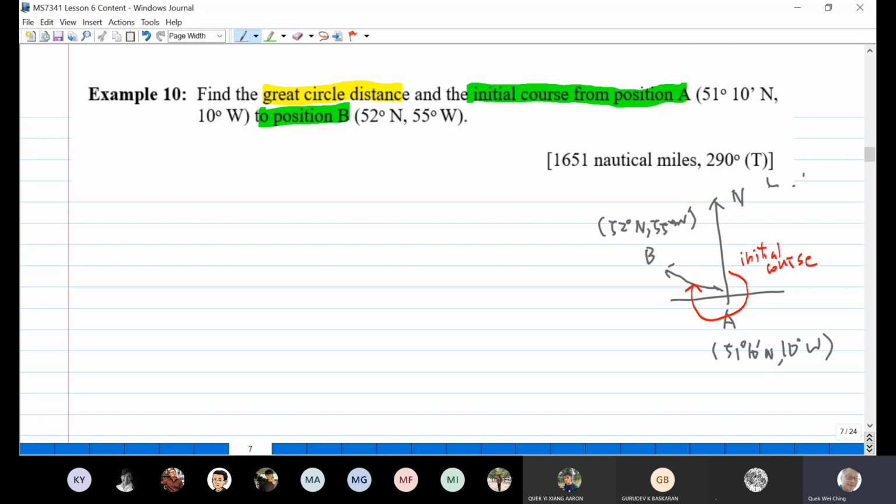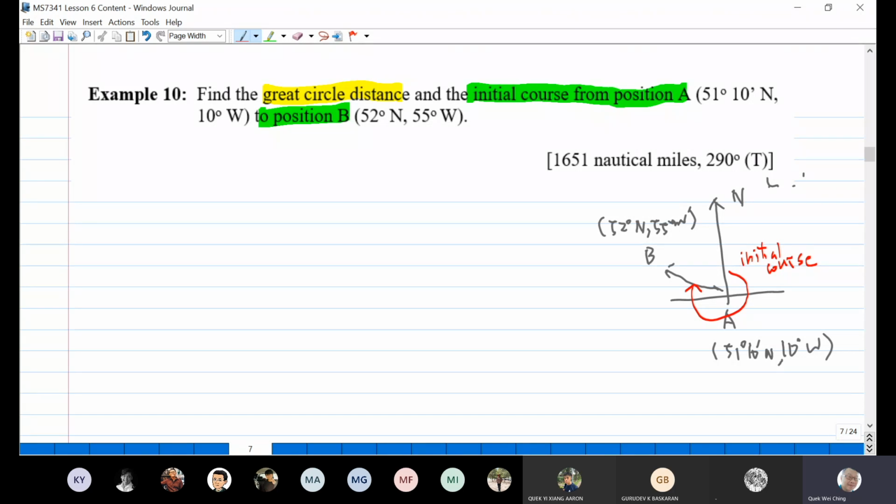If you do it as a bearing question, it looks something like this. But we have a better solution. This is actually a great circle, so it's a spherical triangle question. If you try to draw it, you should get something like this.